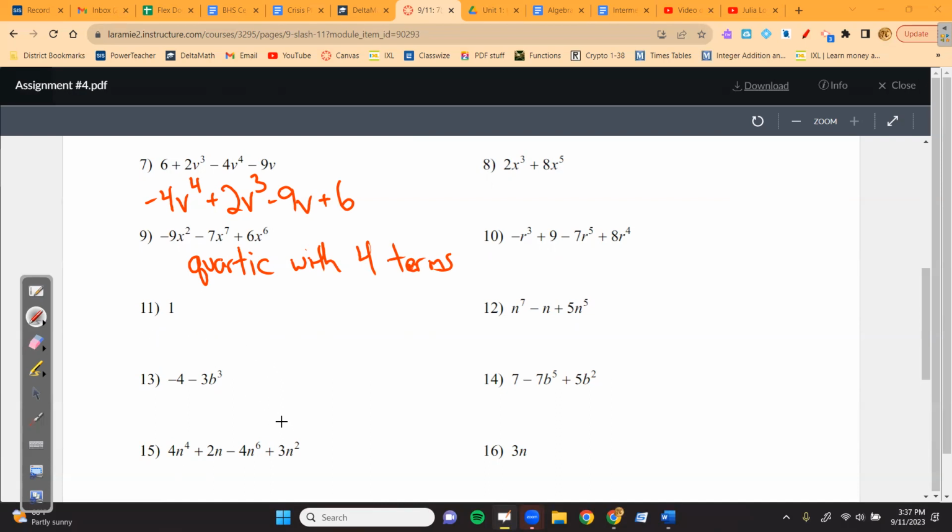Let's head over to problem 8. I'm coming back to you there, Haley. So could you help me out here? The first thing we've got to do is get it in standard form. So what's that going to look like? Great. Good job with your standard form. Now you've got to help me classify this bad boy.